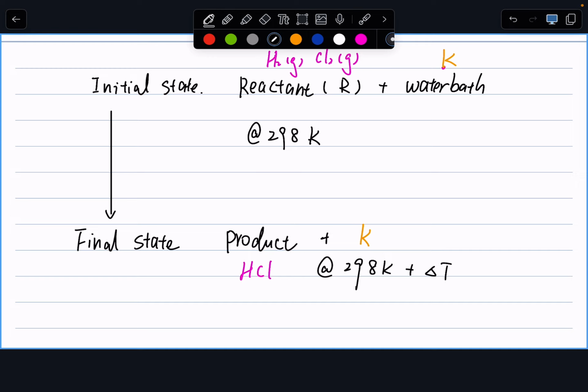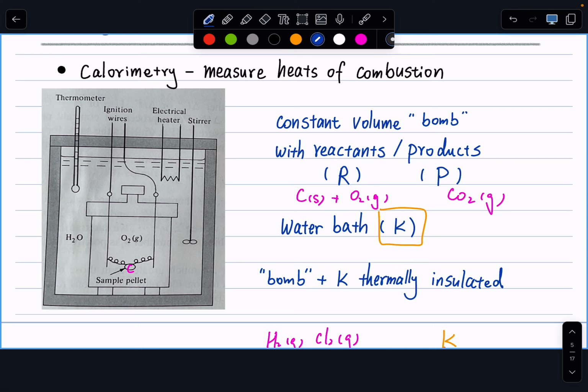And then what else do we know? Some of the things we can derive. First of all, if we consider the entire calorimeter, including the water bath and the reaction chamber inside, considering both of them, the delta U, or the total change of internal energy, equals Q plus W. But in this case, my entire calorimeter is thermally isolated, or covered by adiabatic wall.